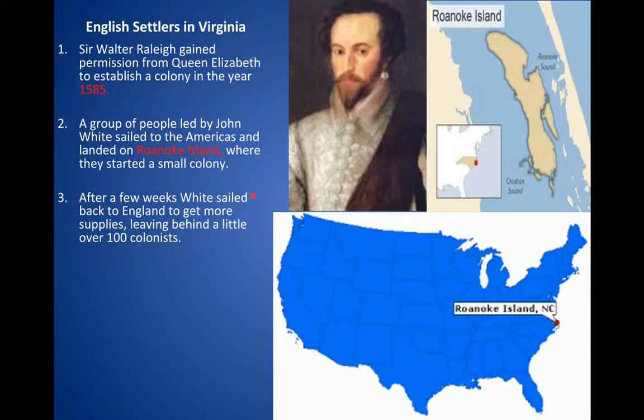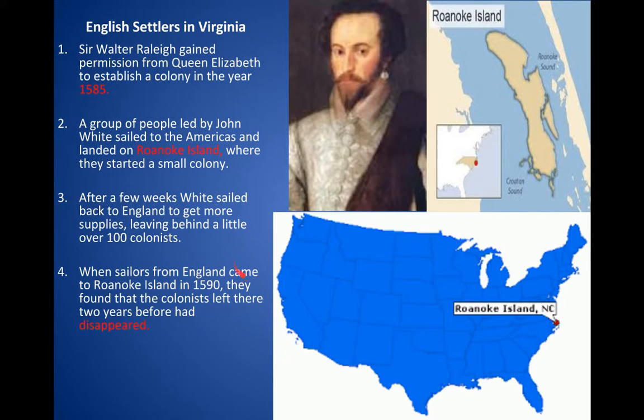White came over, got it started, but then he was going to go back to England to get more supplies, more food, and other things. They went to build shelters. He went back to England, but then he couldn't come back for 2 years.